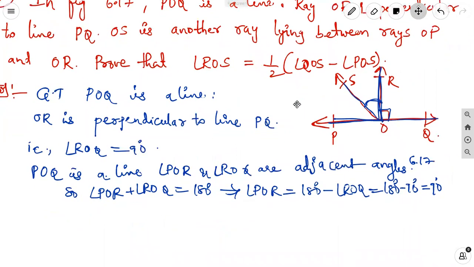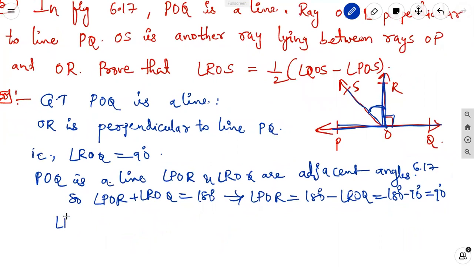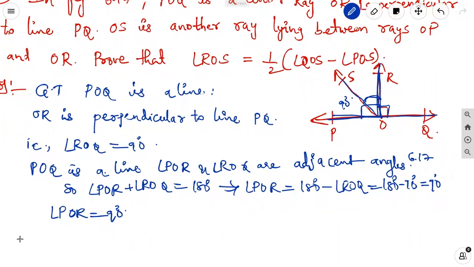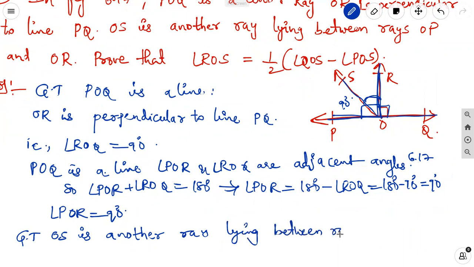So here we know that angle POR is also 90 degrees from the figure. This is also 90 degrees, okay? And given that OS is another ray lying between rays OP and OR.